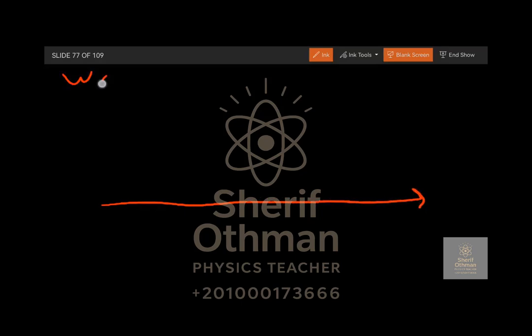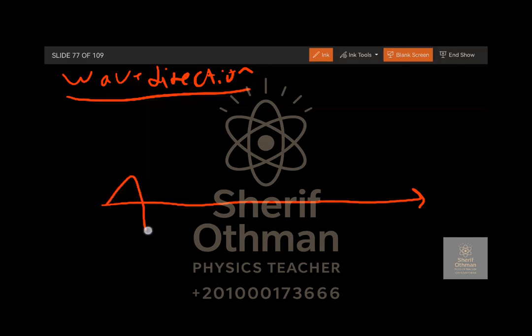Wave direction is the direction at which the energy travels. When the medium particles vibrate up and down, that means they vibrate perpendicular to the wave direction. So we call it transverse wave.